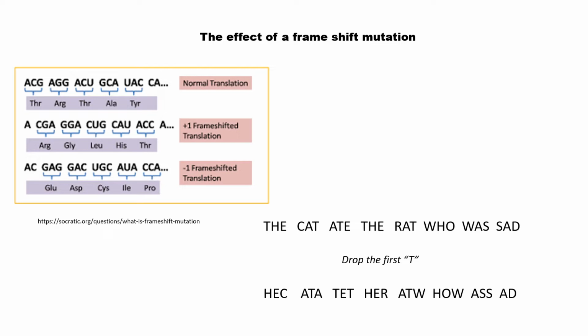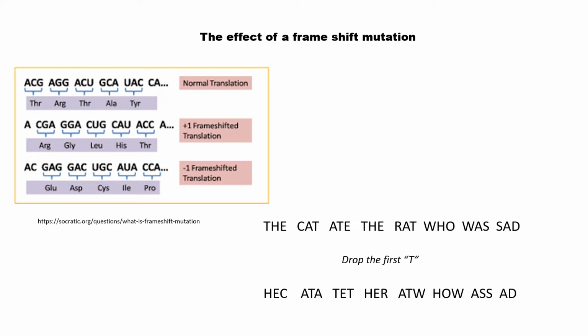But what if we make a mistake and shift over by one letter and then start taking triplets? Well, you see then that the amino acids get totally messed up. They're completely different amino acids. Each group of three still codes for an amino acid, but now we're coding for the wrong amino acids than we intended. And you see a diagram for a +1 frame shift or a -1 frame shift.